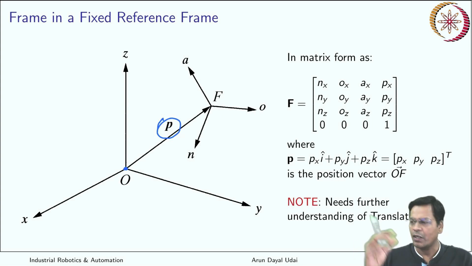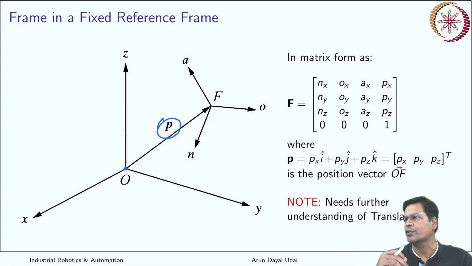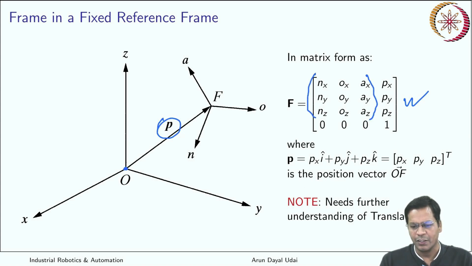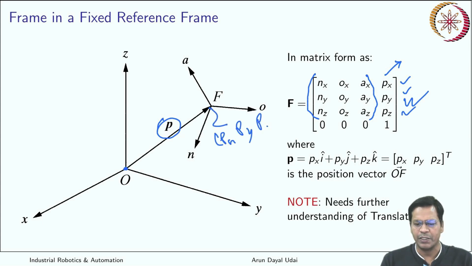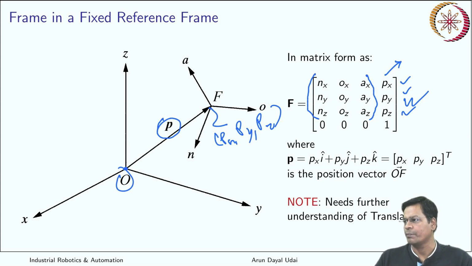To accommodate all of those, your new frame notation will be like this. This part tells the orientation of the frame, whereas the last column tells you the position vector Px, Py, Pz, that is the location of this frame with respect to your global frame.